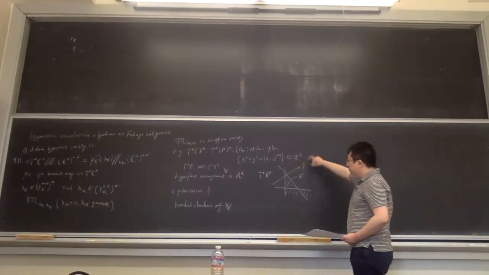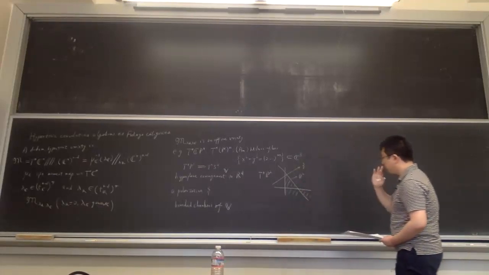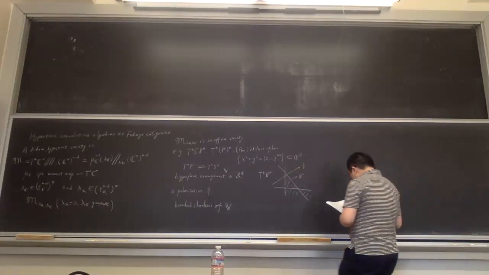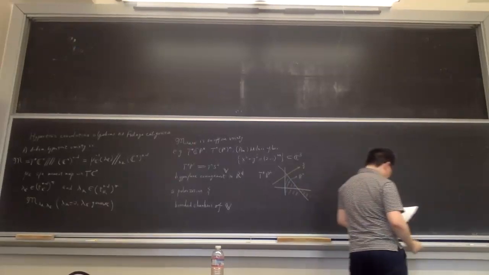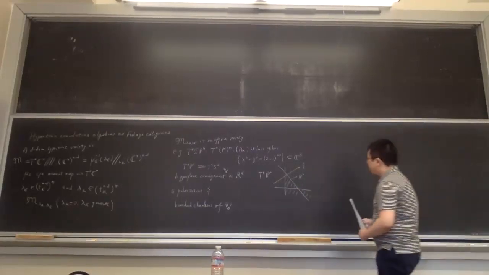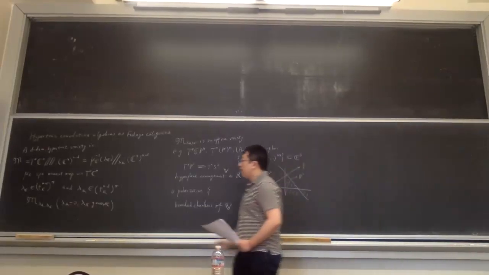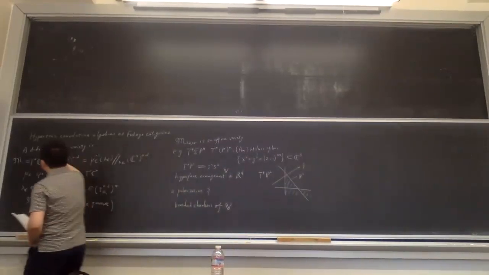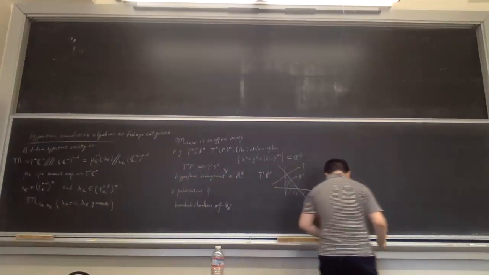You can choose different polarizations, and they will give you different bounded chambers. From this combinatorial data, you can introduce some kind of invariants in algebra, which are the convolution algebras in the title. This is called the hypertoric convolution algebra because it is associated with a hyperplane arrangement.